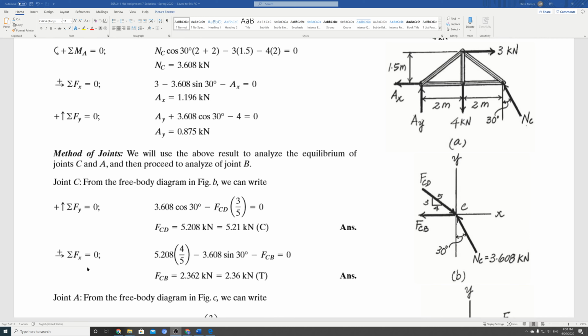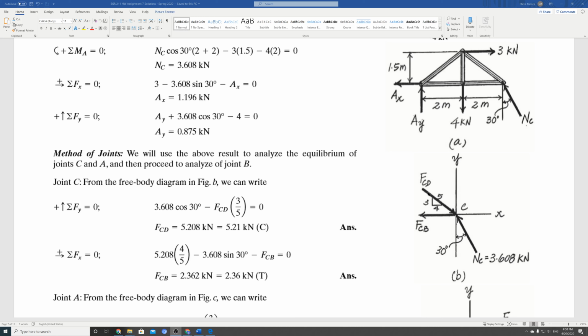All right, so now, the summation of the forces in the x direction equals 0. So what do we have? We have a component from here. This is all just x, so it's in the negative direction, negative FCB.